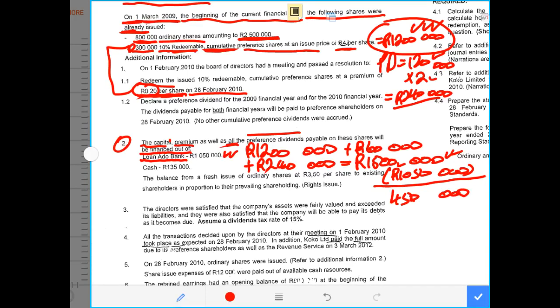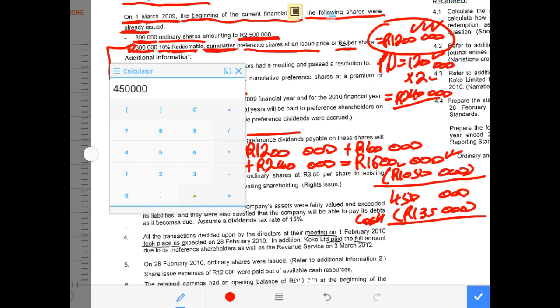And they say now out of that balance, there is cash available of 135,000. So now there is 135,000 that is available. Obviously, we don't need to raise that. It's already in our bank account. So now let us subtract the cash that is available. I'm just doing this as my workings. Cash available in the bank is 135,000. So now after we have taken the cash available, let us check how much we still have to raise.